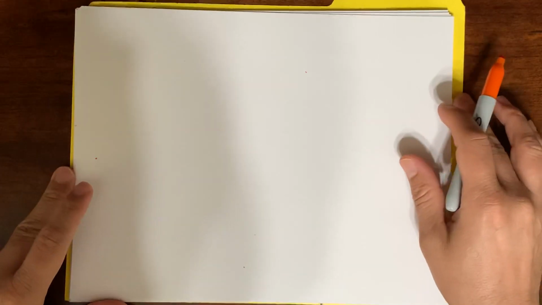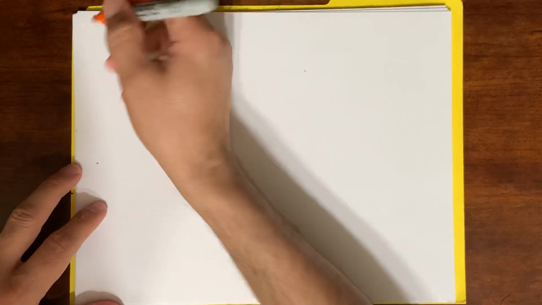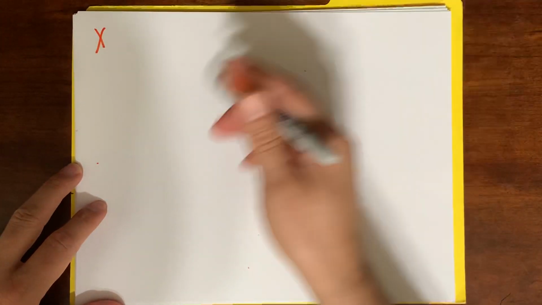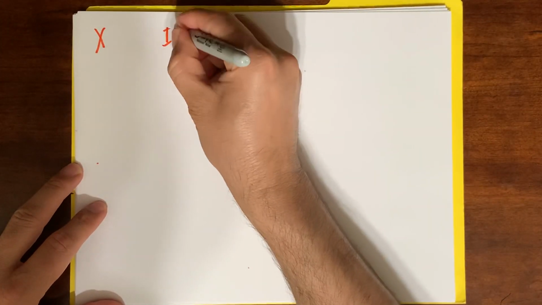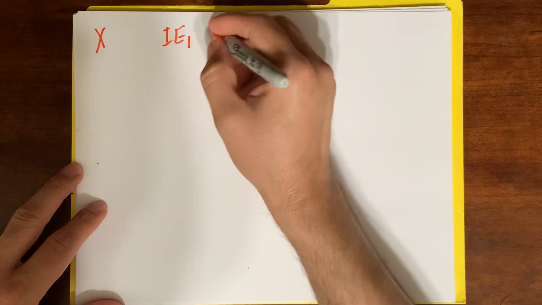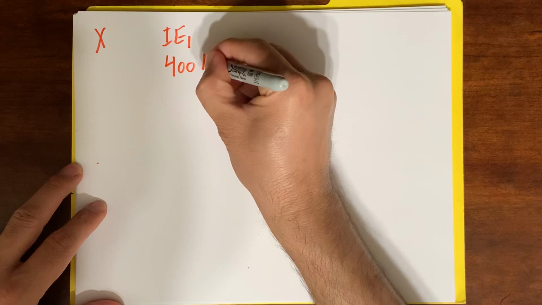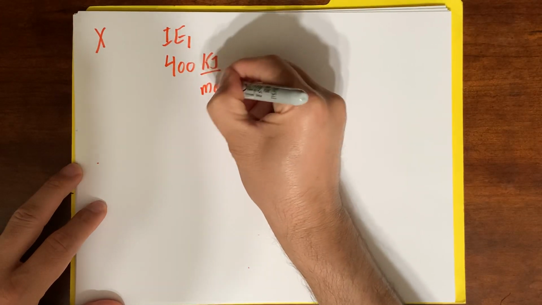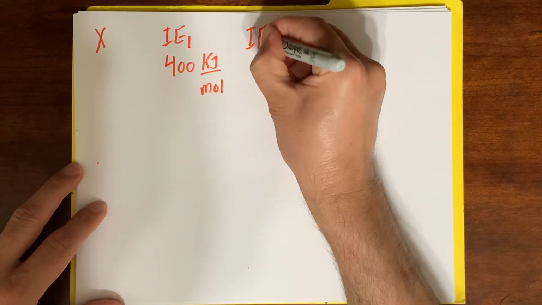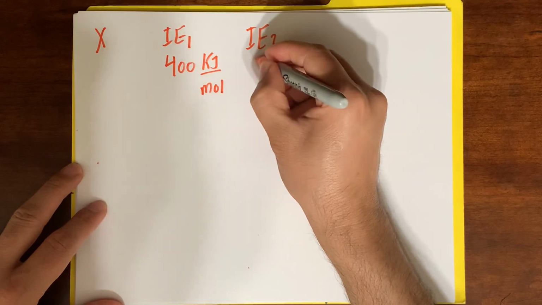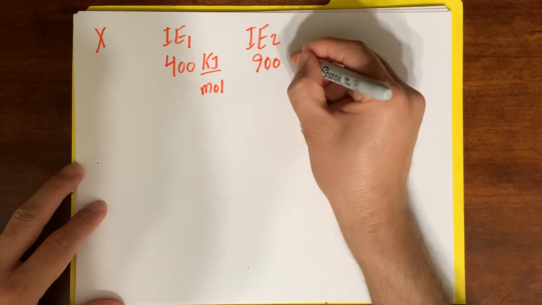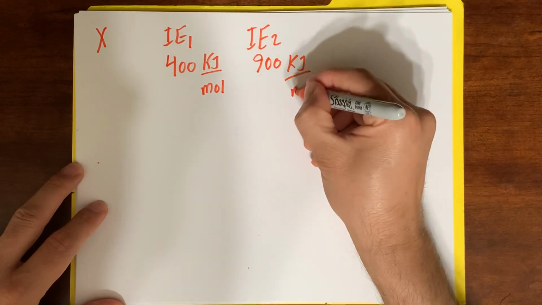Okay, so let's assume for one element X, the first ionization energy is equal to, let's say, 400 kilojoule per mole. Second ionization energy is 900 kilojoule per mole.